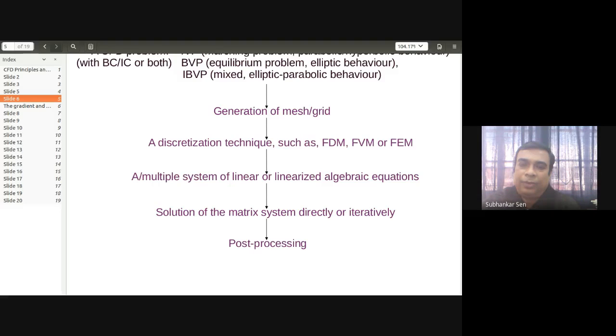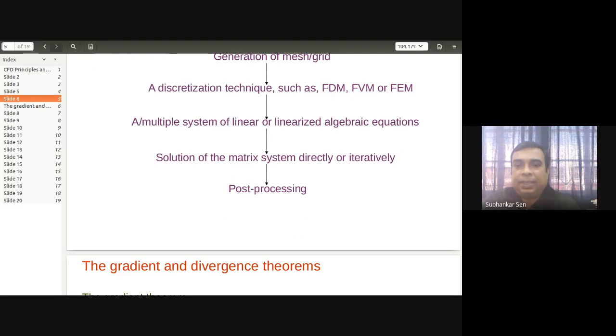When we solve it, we get velocity, pressure, and temperature. So the final step is post-processing. By post-processing, we mean that if we know temperature, we can calculate the heat flux, and if you know the heat flux, then you can calculate the Nusselt number and its distribution.